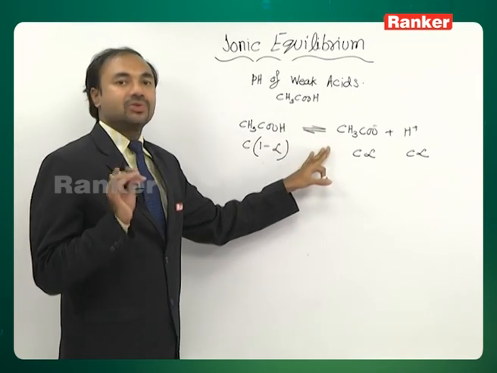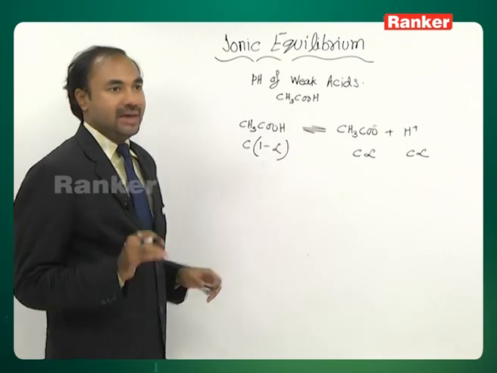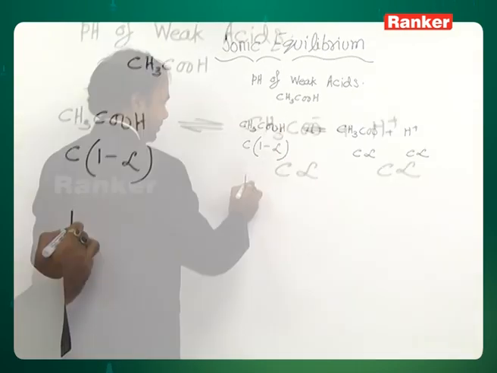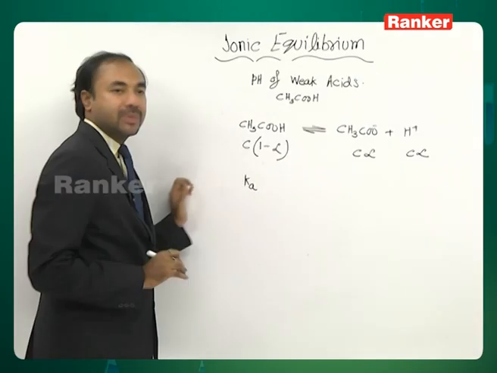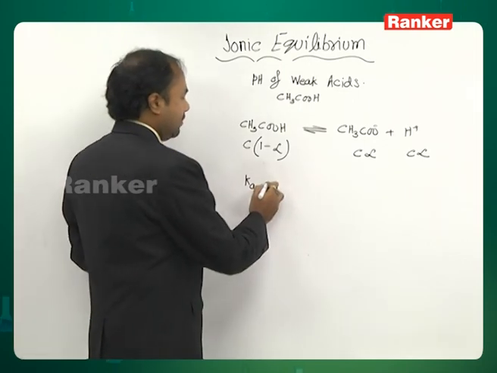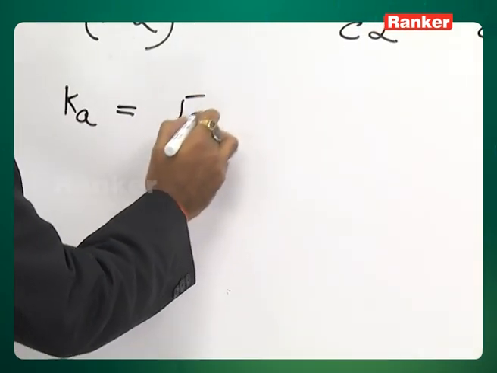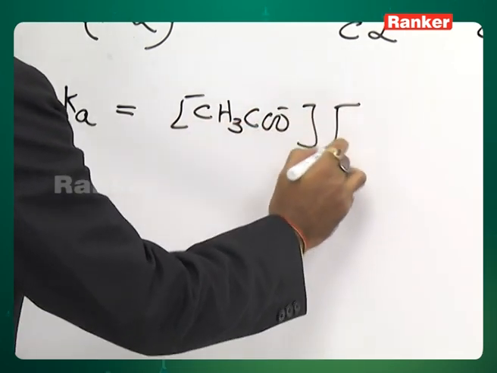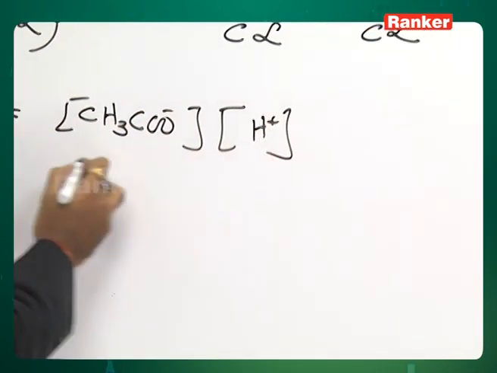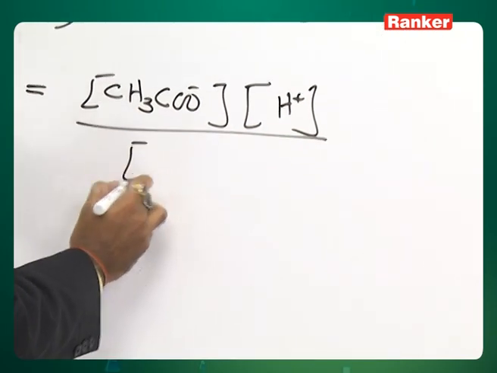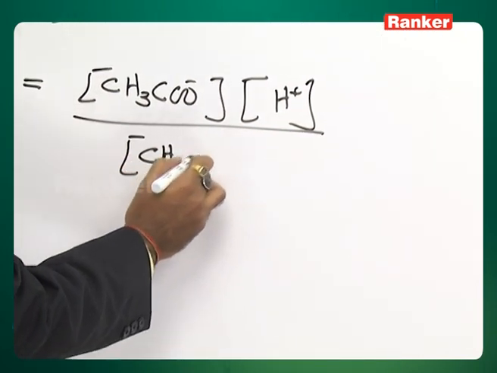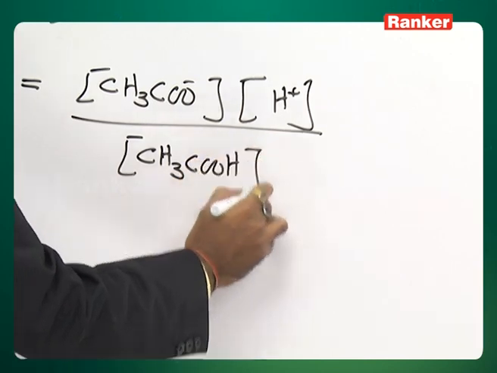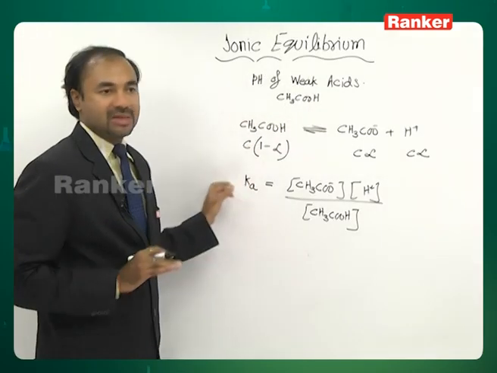Now, because this is an equilibrium, we'll have some equilibrium constant also. Equilibrium constant for dissociation of acids is known as Ka. And Ka for this will be equal to concentration of acetate ion into concentration of H plus ion upon concentration of acetic acid, undissociated one, which has not dissociated at the time of equilibrium establishment.